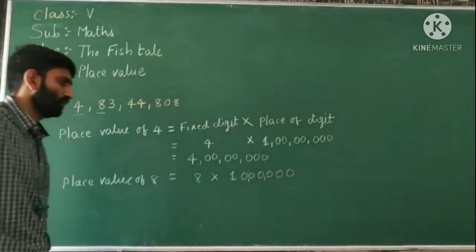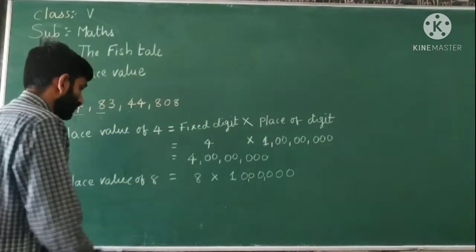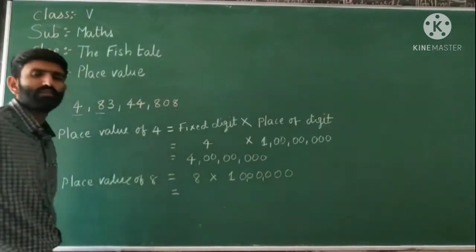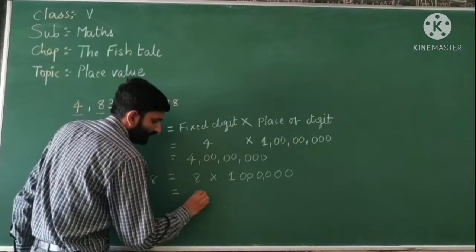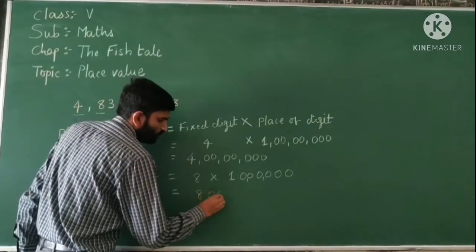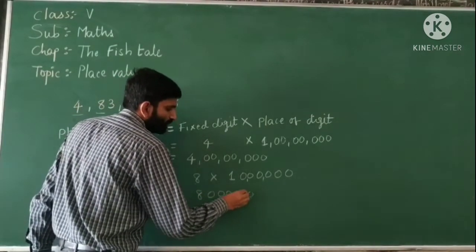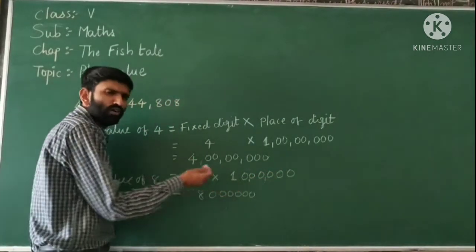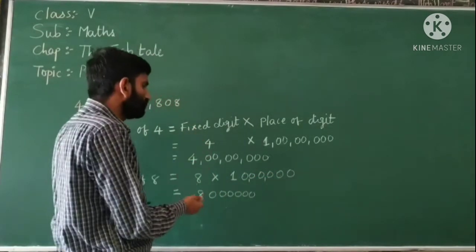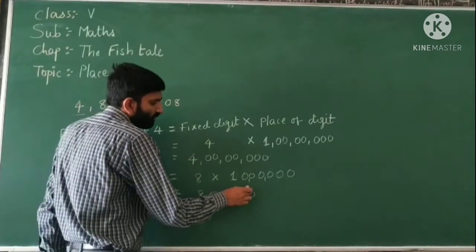This is 10 lakh. Okay, if we multiply these two numbers, it is very simple. The answer will be: 8 ones are 8, and we'll add the zeros. We need to count zeros from here: 1, 2, 3, 4, 5, 6. Then we have to place the same number of zeros after 8: 1, 2, 3, 4, 5, 6.